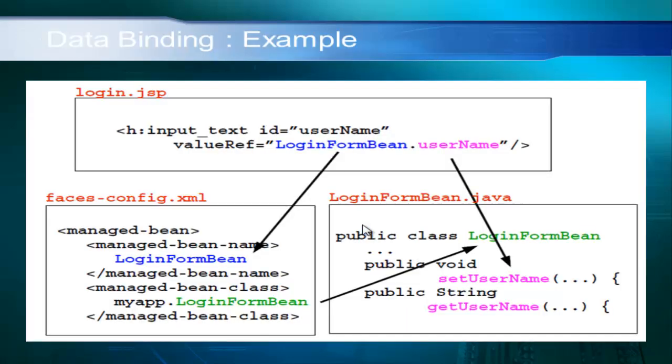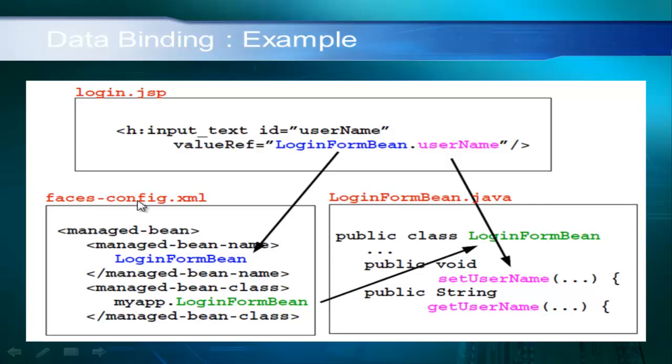So let's look at a simple example. Let's assume that you have a bean. Now I have an ordinary Java class here, a POJO class. I don't have any annotation here. So if you have an ordinary Java class and you don't want to put an annotation, how do you make it a managed bean?